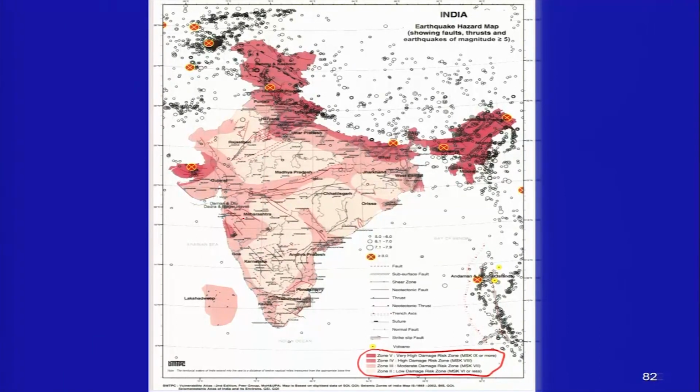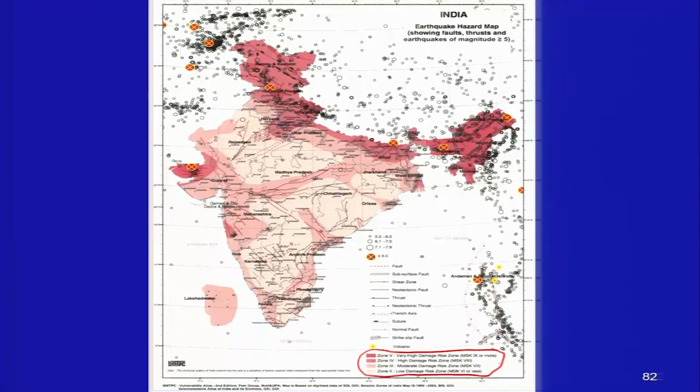Zone 4 is slightly close to the front, but if you look at the color combination, the reddish one is over here, and then a lighter red is partly seen here, in the Indo-Gangetic plain, and then it comes down to zone 3, which is the moderate damage risk zone. This slightly lighter color here is all zone 3.